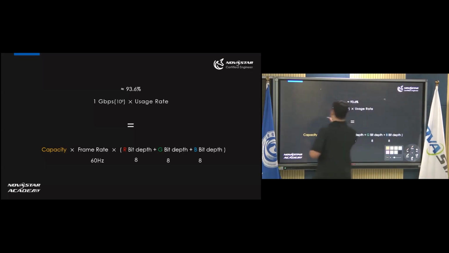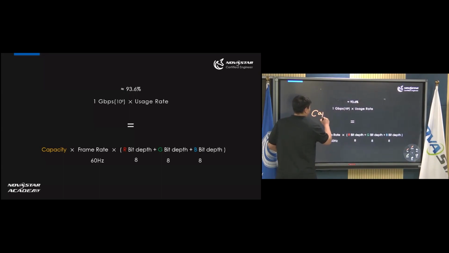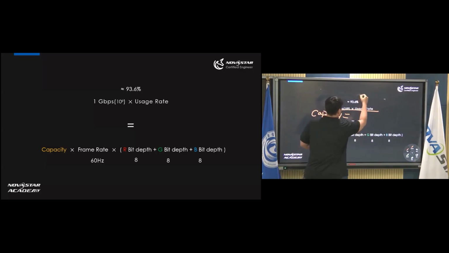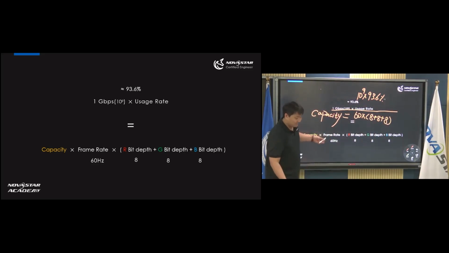So the capacity equals 10 to the power of 9 divided by the frame rate, and so on. The capacity equals it that way.